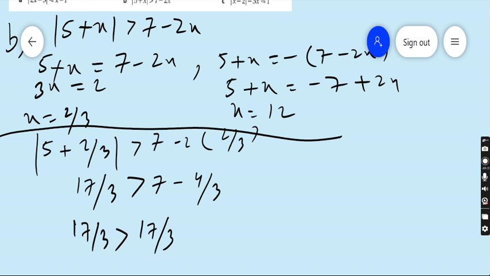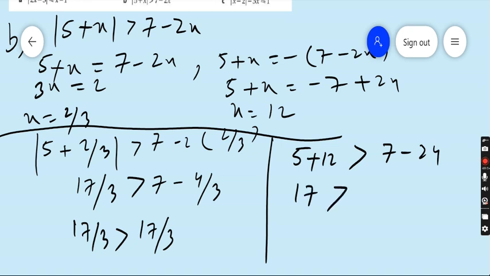And the second is, if you put 12, so 5 plus 12 is greater than 7 minus 2 12s are 24. 12 plus 5 is 17, 17 is greater than 24 minus 7, sorry, 7 minus 24 is minus 17.